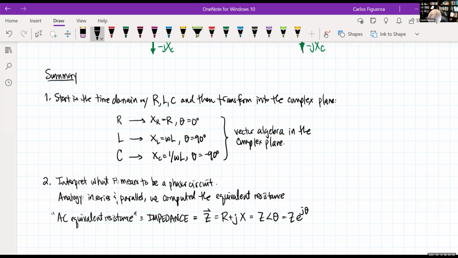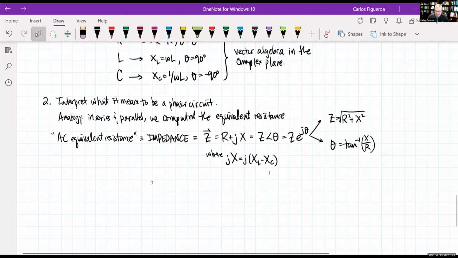If I look at the magnitude, then Z is going to be the square root of R squared plus X squared, and the angle is going to be the inverse tangent of the reactance divided by R, where jX is going to be XL minus XC.